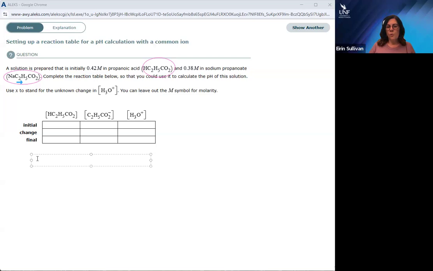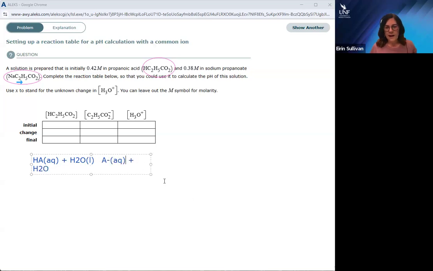So again, it doesn't matter what the formula of the acid is, because we know generically for a weak acid plus water, the acid will donate its proton to form whatever its conjugate base is. So that's just going to be the anion that is left after you remove the proton, and water is the other product. I'm leaving off my state symbols, so I should put those on.